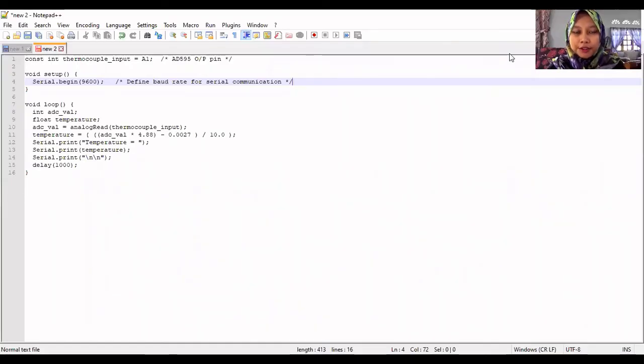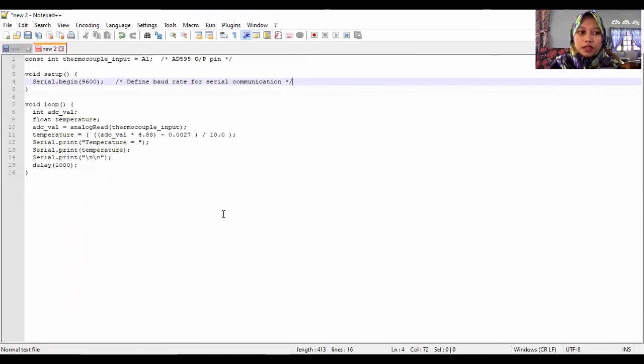Assalamualaikum warahmatullahi wabarakatuh. My name is Eva Ismarina binti Muhammad Hamid, FP17104. For this project, I'm responsible for the software part. We use the thermocouple sensor to check the temperature. This is the coding. We use const int thermocouple input equal to A1. Next, void setup: Serial.begin with 9600 as the rate for serial communication.